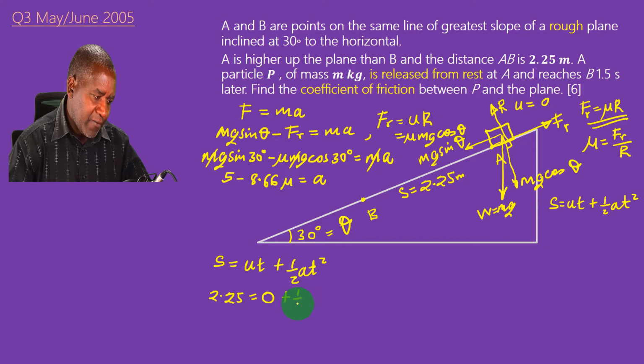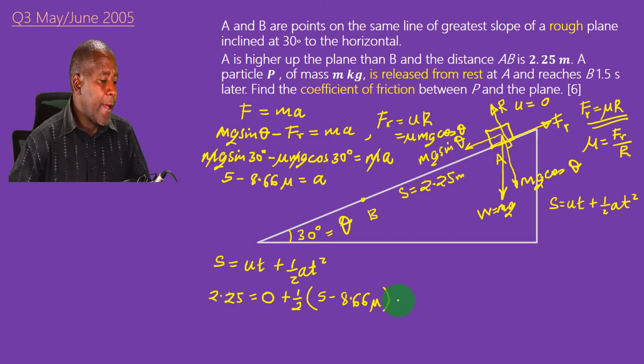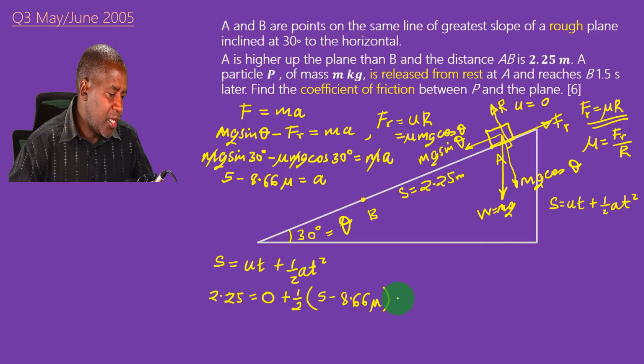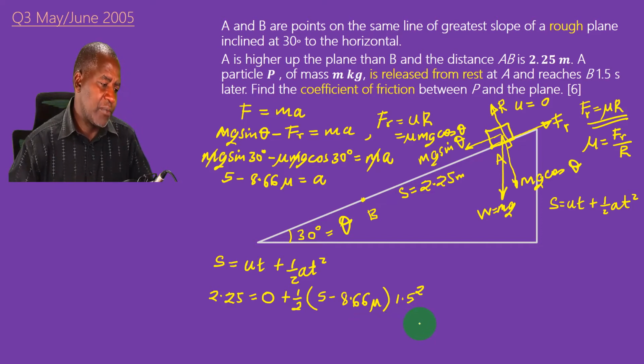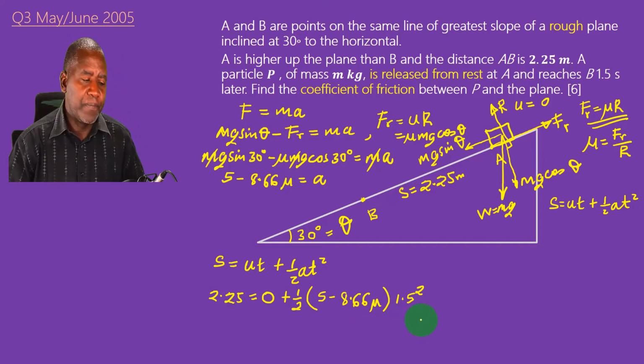Times a half. Now the A is what I've worked out here: 5 minus 8.66 mu, into a half A into T squared. T is 1.5 squared. And have I substituted everything? I think I have substituted everything.